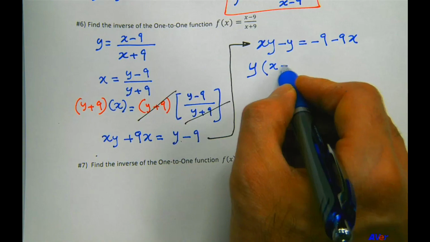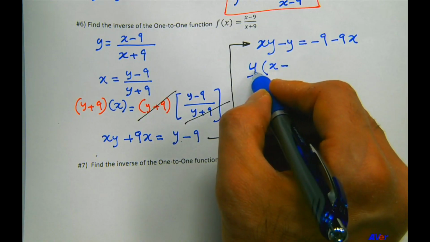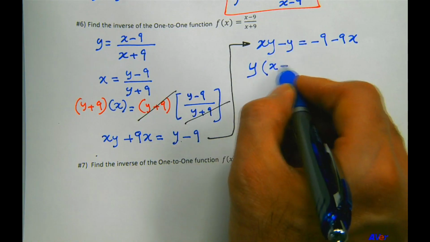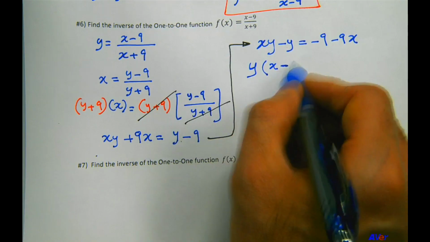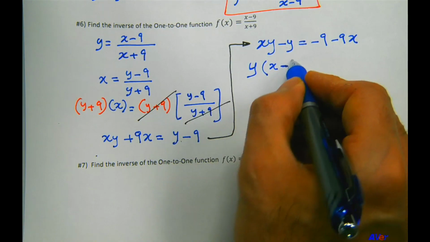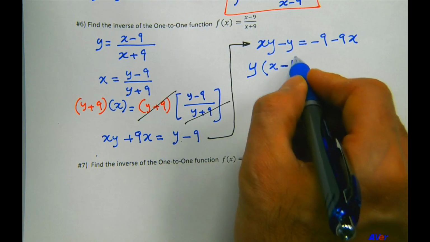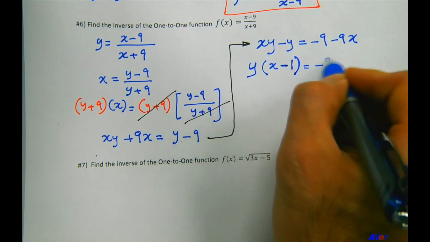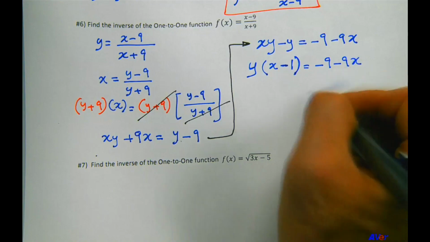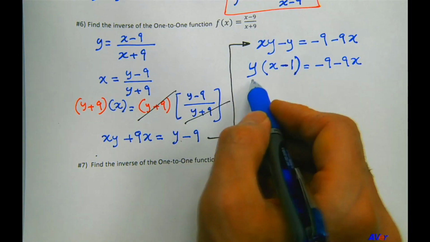right? What should I put here to multiply by y and get minus y? The minus is there already. What else should I put here? 1, right? Equals minus 9x. Is y isolated yet?